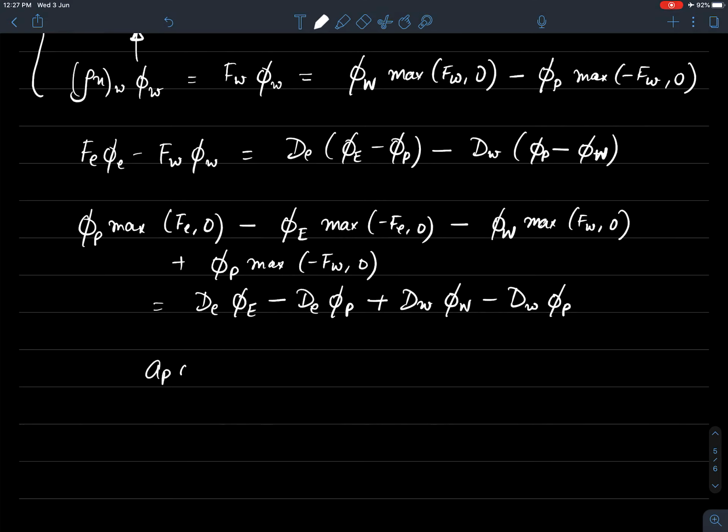And now let's collect all like terms, and we can replace this again by the common way of writing the discretization equation.